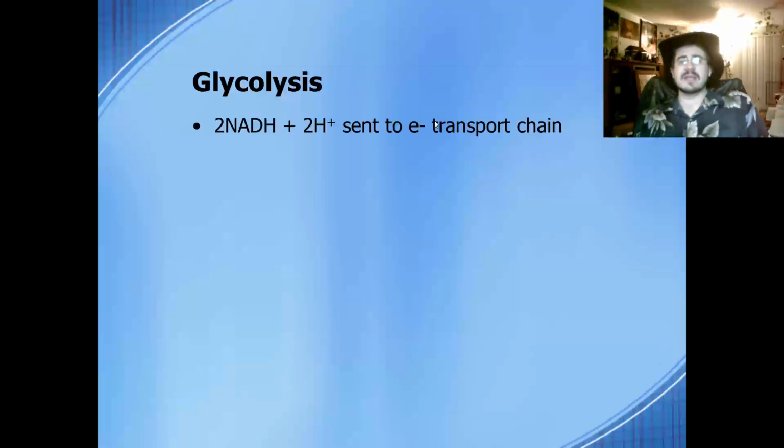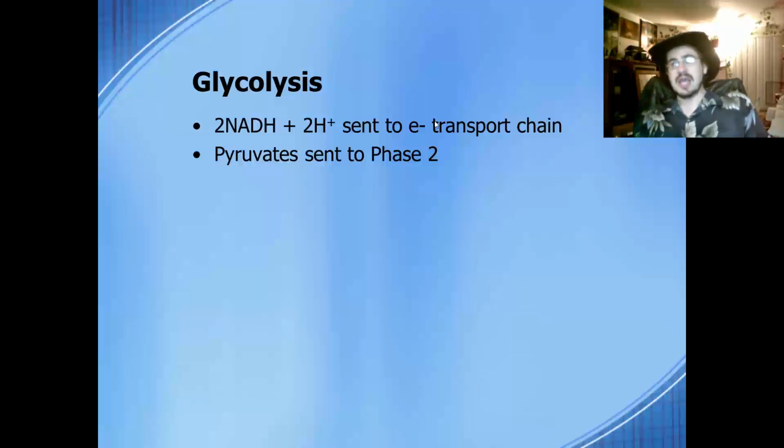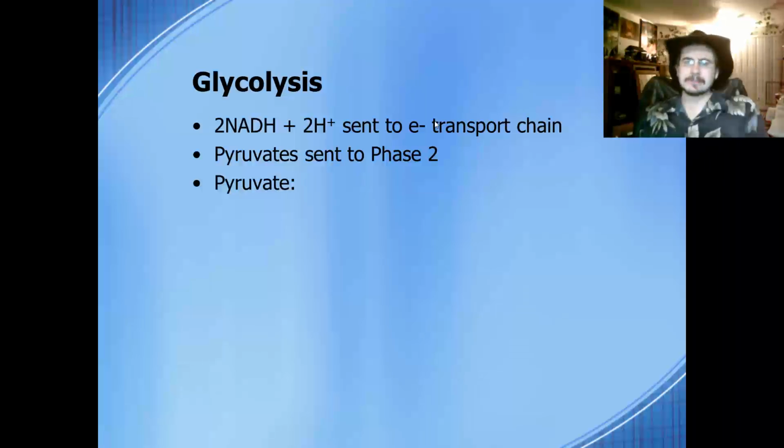So, some details on glycolysis. The electron carriers, now that they've been reduced to NADH plus 2H, are sent to the electron transport chain. And then the pyruvates are sent to phase 2, which was pyruvate oxidation and the Krebs cycle.